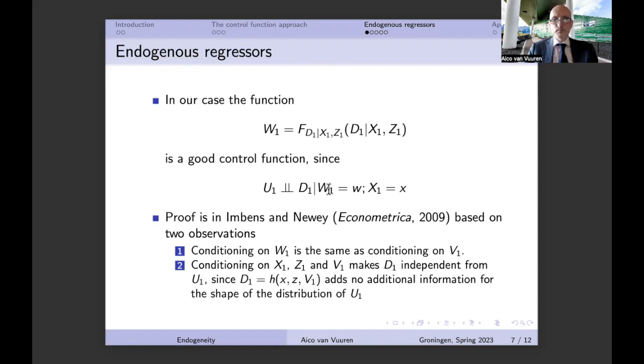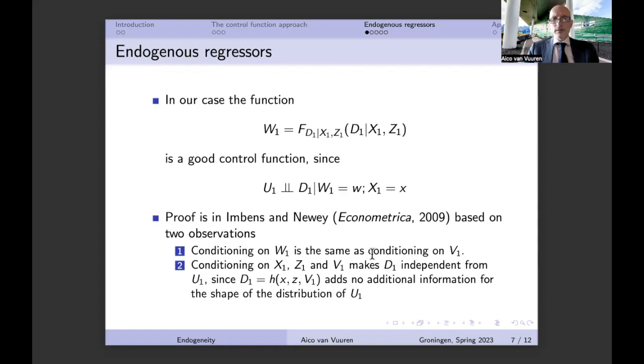The proof of all of this is in a paper by Imbens and Newey, published in Econometrica in 2009. It is based on two observations, where the first is maybe the most important one to understand: conditioning on W1 is the same as conditioning on V1.